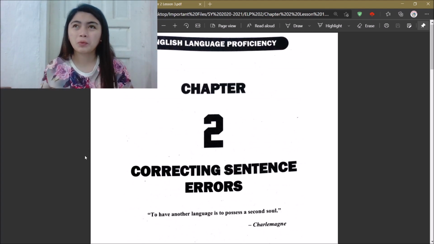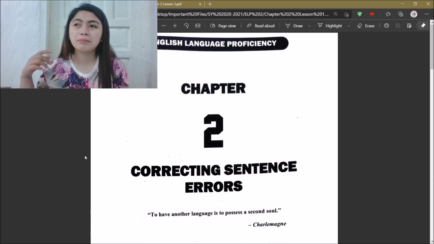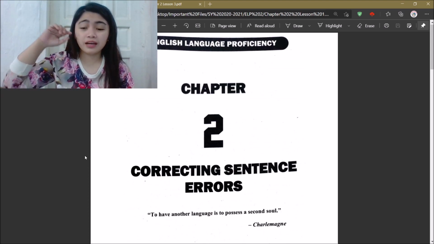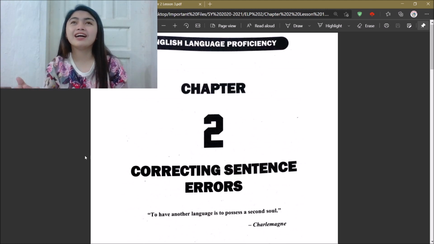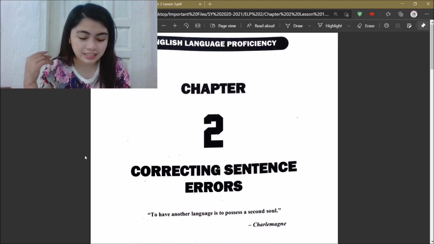But that doesn't work in a formal situation. For example, you are speaking through a crowd, you are writing something, hindi siya magandang i-practice na lagi-lagi tayo nagko-commit ng sentence errors.